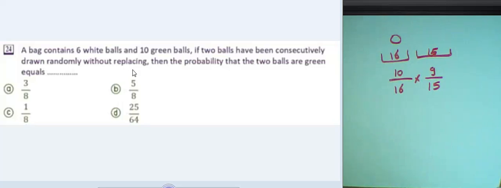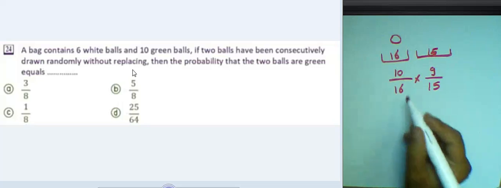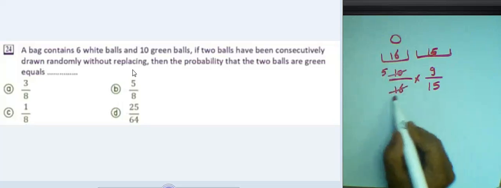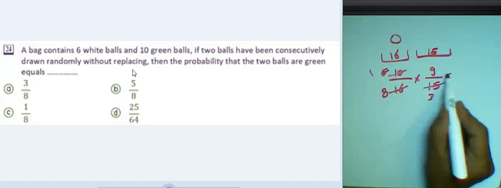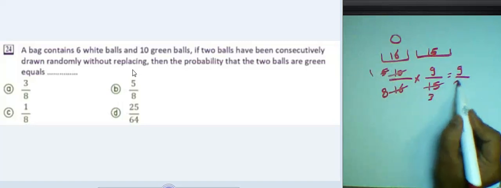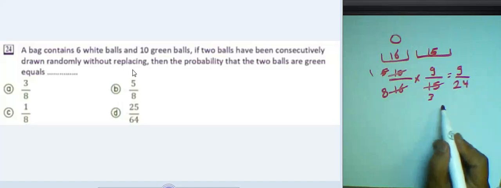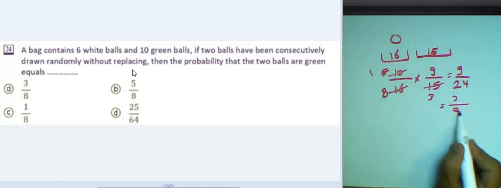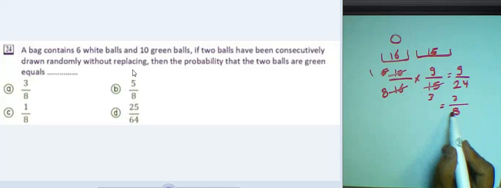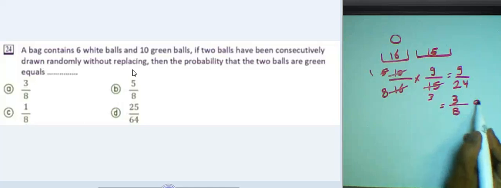We can simplify by dividing by 2, it will be 5 and 8, then divide by 5, it will be 1 and 3, 9 and 24, and we can divide by 3 again. It will be 3 over 8. Letter A.